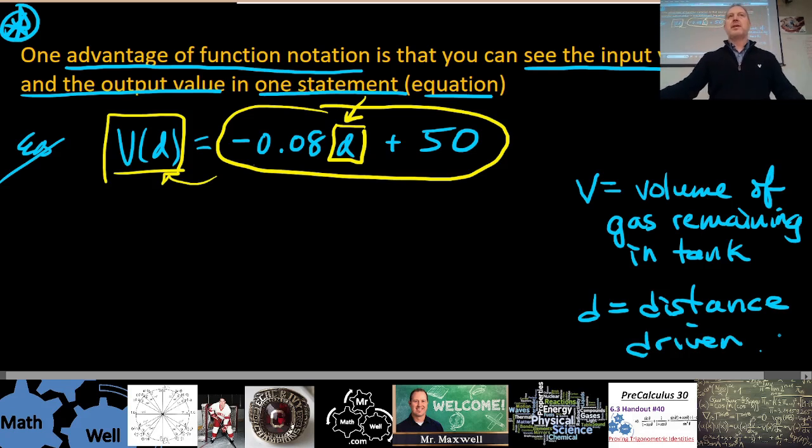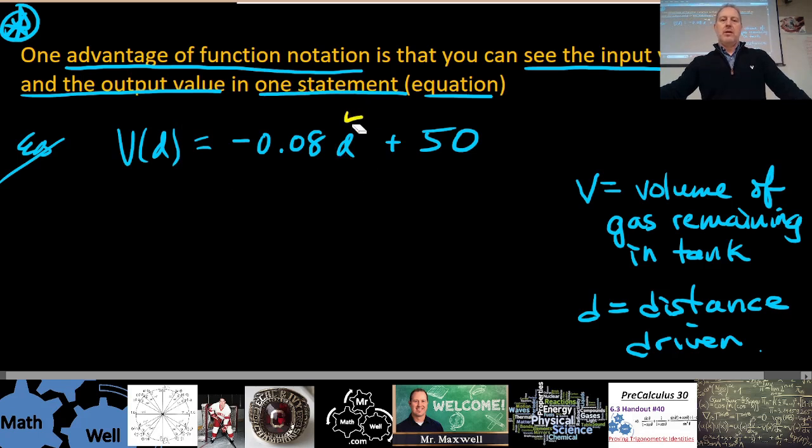Now there's other information about this function that we can gather here, so look carefully. The volume of gas remaining depends upon d. As d gets larger and larger, if you drive more and more, you're multiplying a larger number by this negative value, so basically it's 50 minus this.